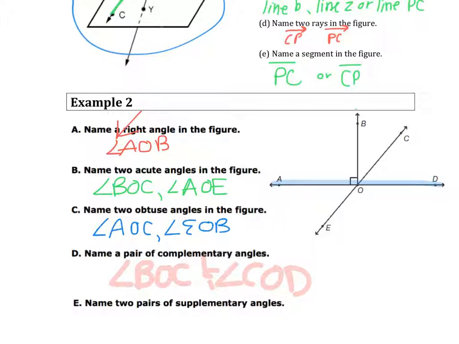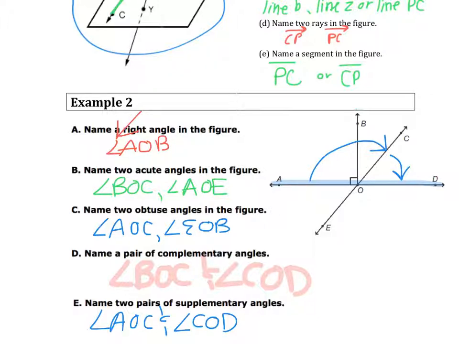So first, we'll do AOC, which gets us to that point. AOC, and we'll finish up with COD. You see how that creates the straight line or the straight angle, all the blue?